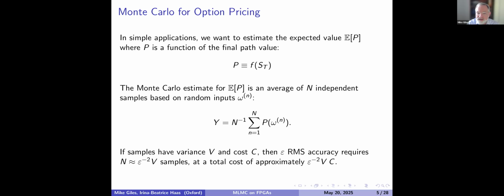And if those samples have a variance of V and a cost per sample of C, then we can achieve an epsilon root mean square accuracy with a number of samples that's approximately equal to epsilon to the minus 2 times V. And the corresponding cost is the number of samples times C, the cost of each sample. So that's standard Monte Carlo.